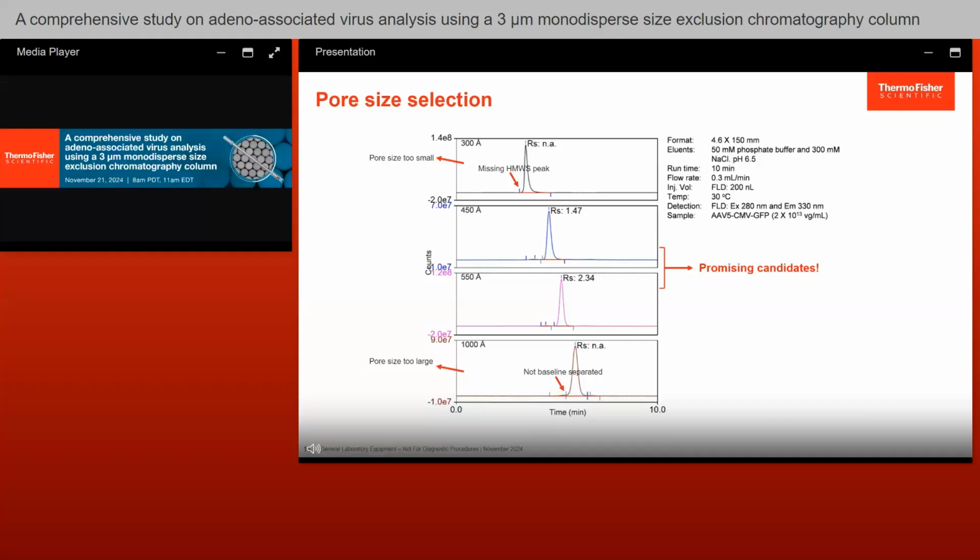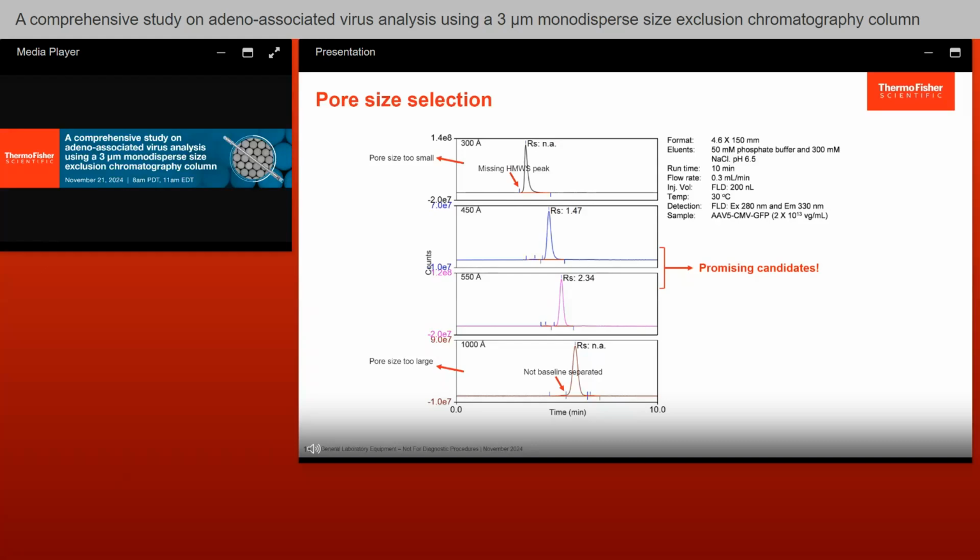So here I want to focus more on the method development and the reason why we chose 550 for this product for AAV application. At the screening stage, we tried a couple of candidates with different pore sizes: 300 angstrom, 450, 550, and 1000 angstrom.